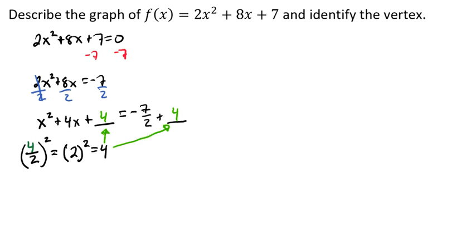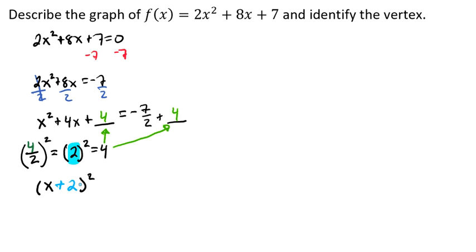Then we get to write this portion right here as a square. So we're going to write x plus something squared. And really, we know it's a plus because of this right here. That's a plus 2. And so we're going to put plus 2 in here.